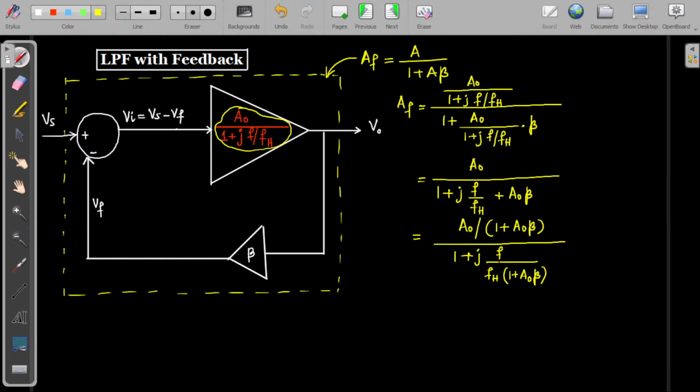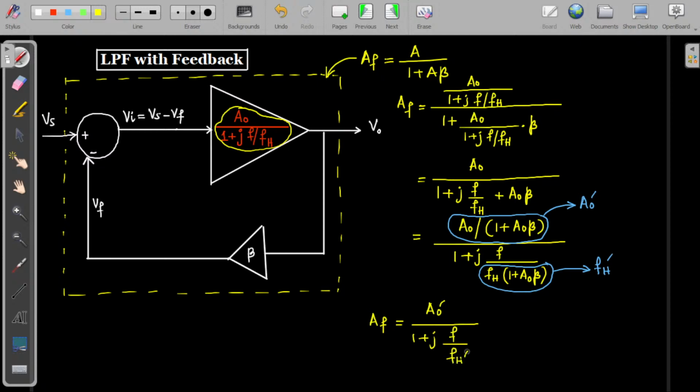Now in this case, let us assume this factor A0 divided by 1 plus A0 beta is denoted as A0 dash, and if we denote this FH as FH dash, then the equation will be AF is equal to A0 dash divided by 1 plus j, and here it will be f by FH dash.